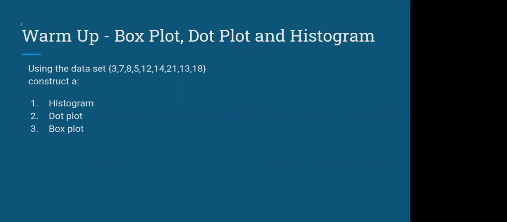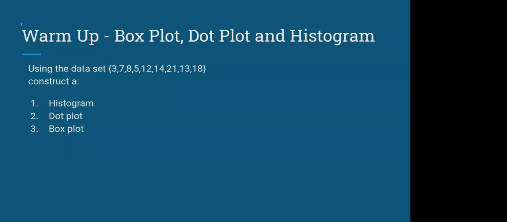Okay, so that's our warm up, and that is where we are going to start on Thursday. Okay, so you all remember how to do a box plot? You remember how to do a box and whiskers? Oh, okay. Kinda. Okay.